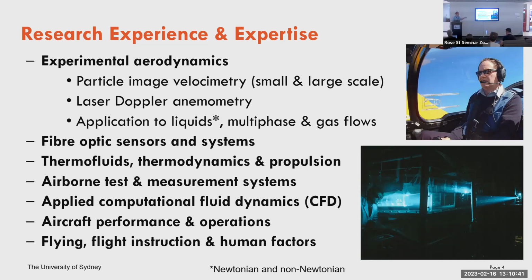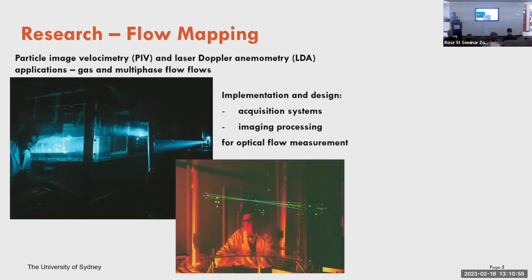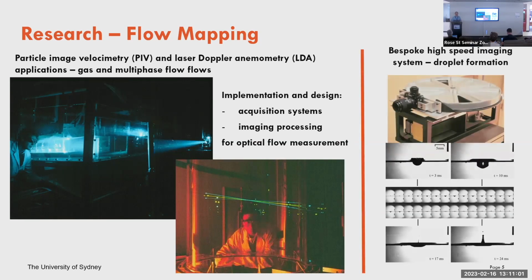But if you go to the top level, I still always had a keen interest in vision systems, flow diagnostics. It's always been a strong interest of mine. Just to give you an example, at Melbourne Uni, as well as looking at some of these wacky flows, we put some wacky instruments together. This is the 1990s.